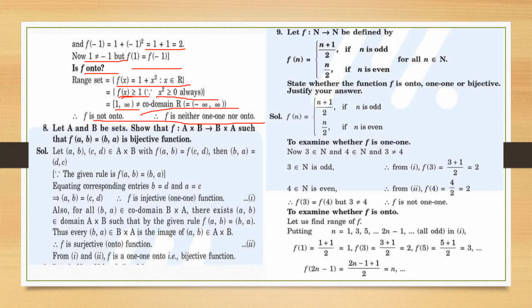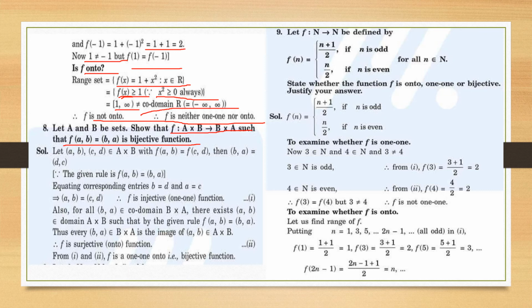Number 8 is, let A, B be sets, show that f mapping from A × B to B × A such that f(a, b) = (b, a) is bijective. Now we are dealing with ordered pairs. When you were dealing with simple elements, you supposed x1 and x2 are two elements.